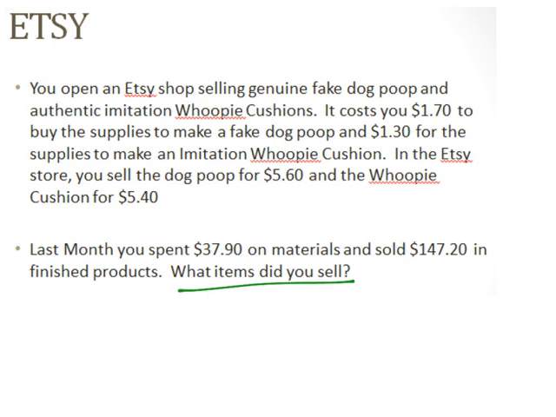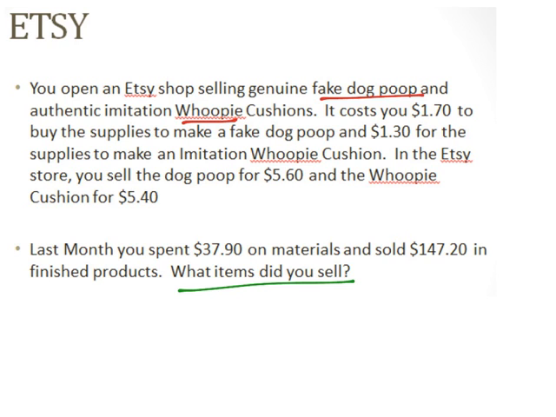Just like the last problem, let's start off by defining our variables. The two things we don't know is how many of each item we sold. And in this case, we're selling whoopee cushions and fake dog poop.